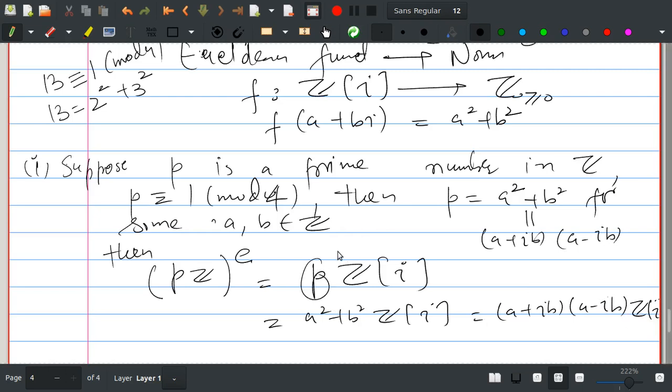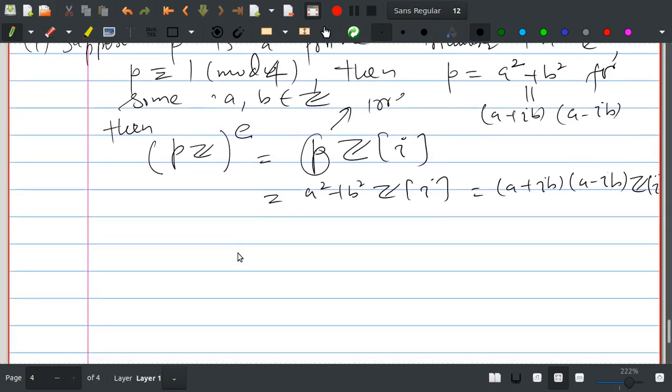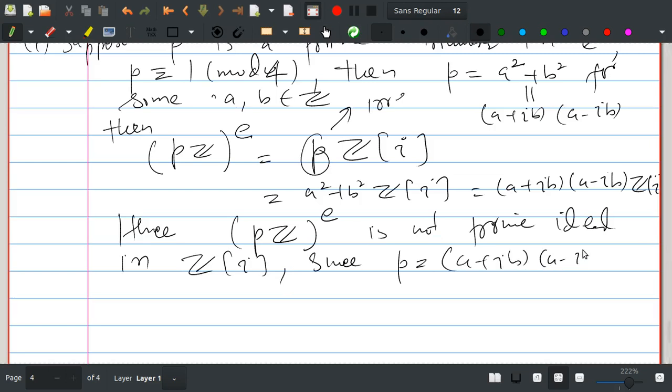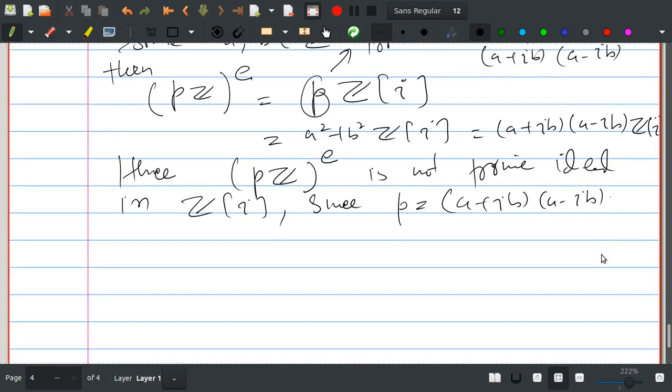That means this p is not irreducible in Z[i], hence it is not a prime. So this extension is also not a prime ideal in Z[i]. Hence pZ extension is not a prime ideal in Z[i], since p is reducible, i.e. p is (a+ib) times (a-ib).